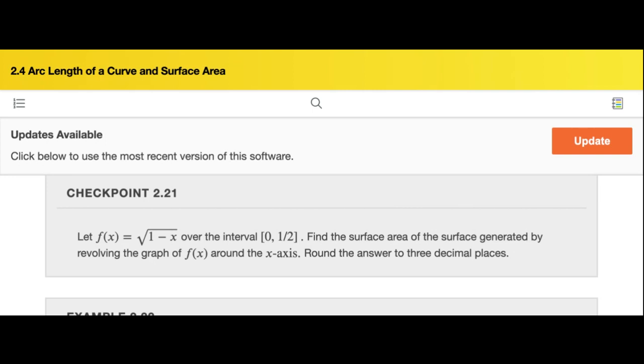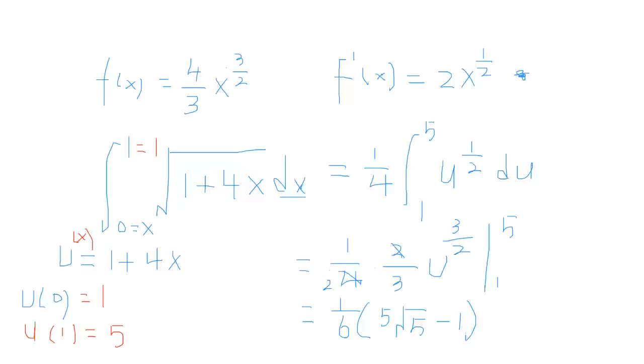Let's go to the whiteboard. So the function is the square root of 1 minus x.